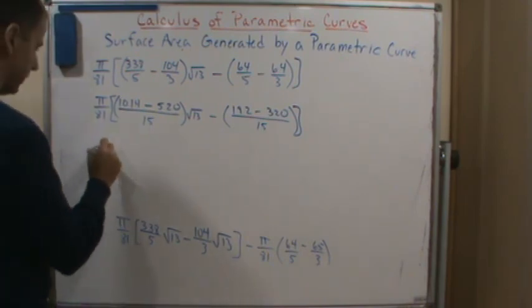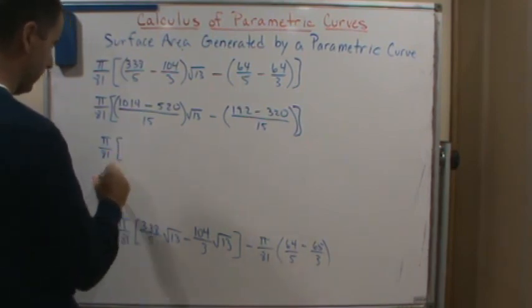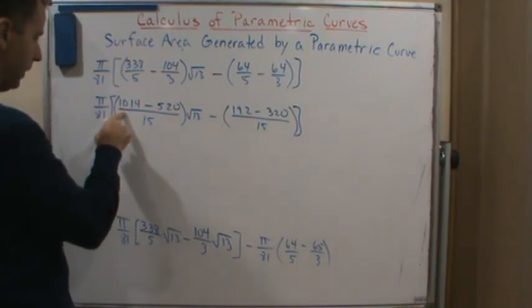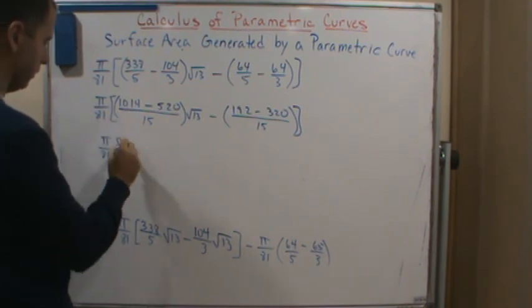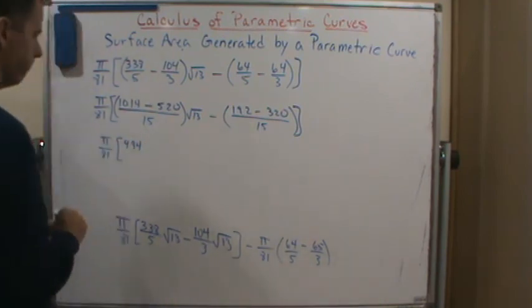And so we get pi over 81, and so what does this become? This becomes what? So 494?